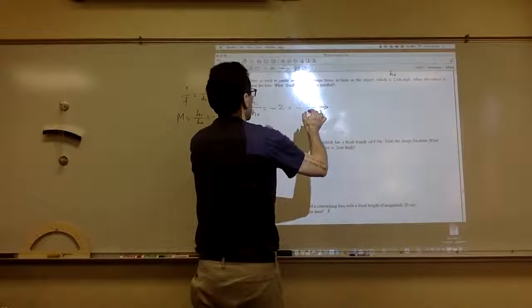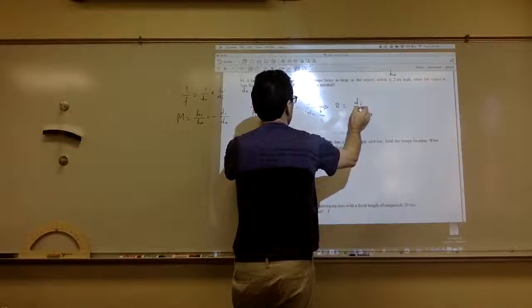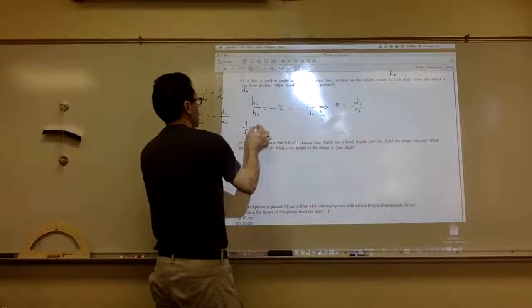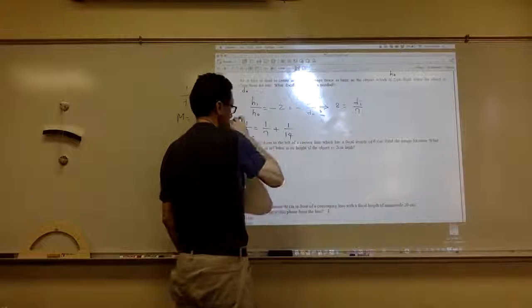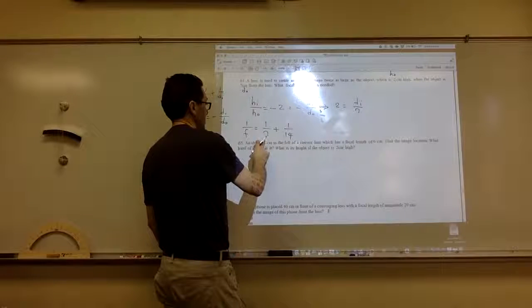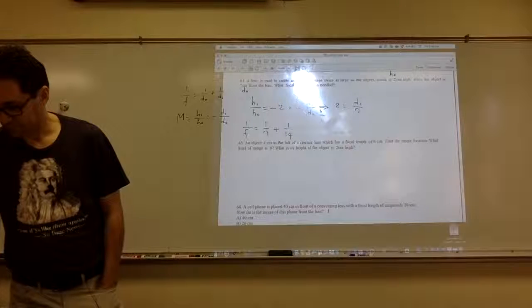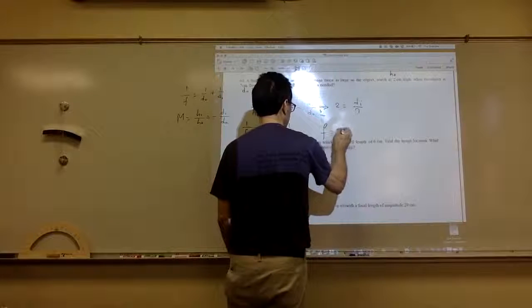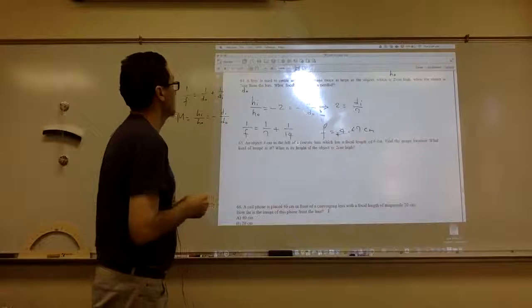Okay, which means that 2 is equal to di over 7. So di is 14. So we can do 1 over f equals 1 over 7 plus 1 over 14. This becomes 3 over 14. So the focal distance is 14 over 3, which is 4.67 centimeters, and it's positive. Okay.